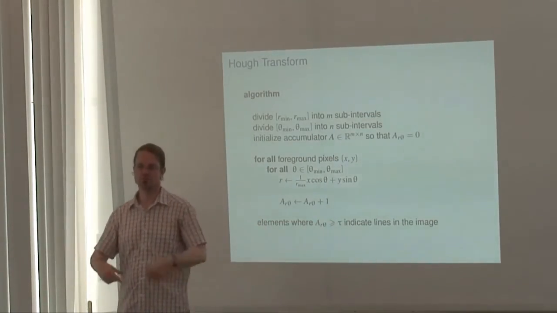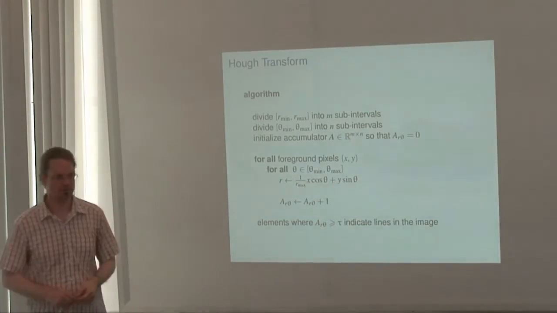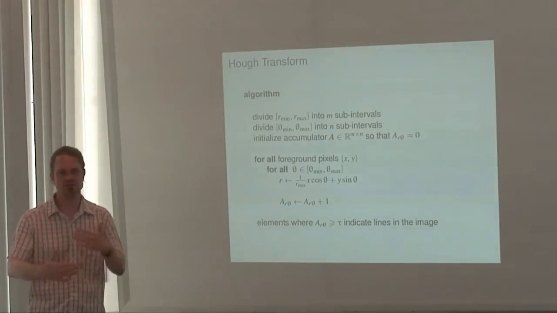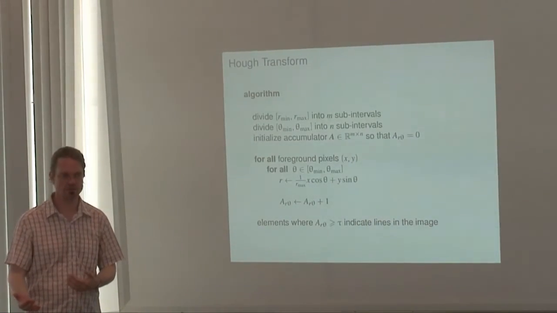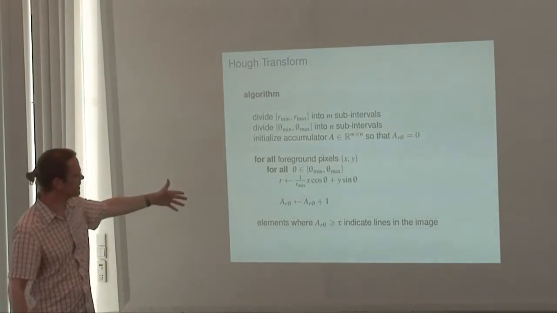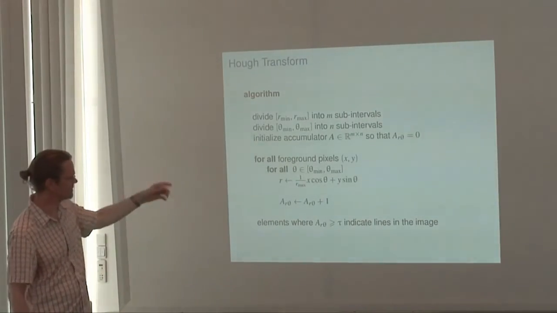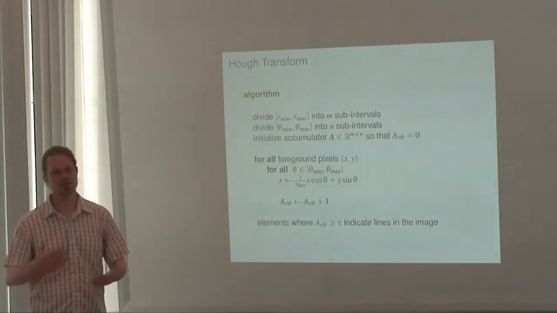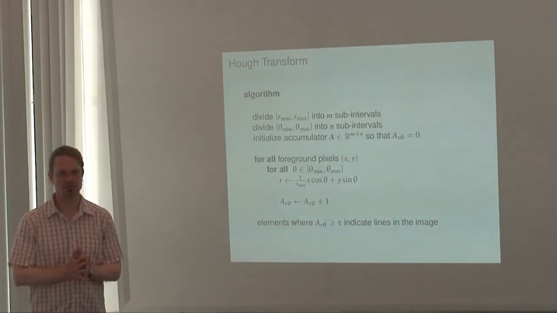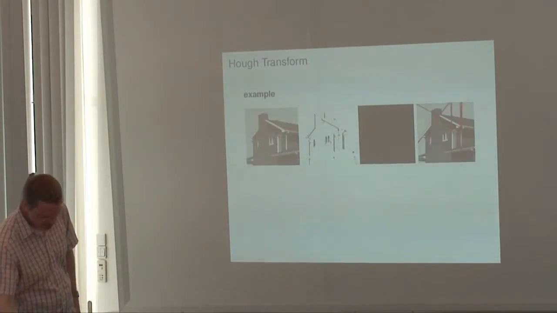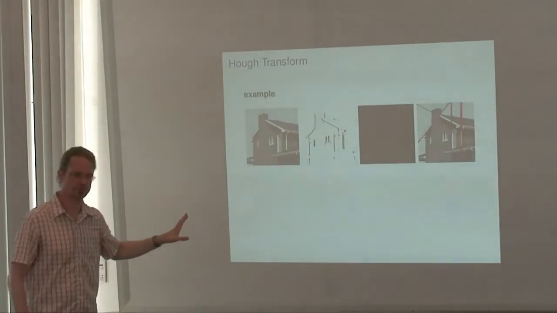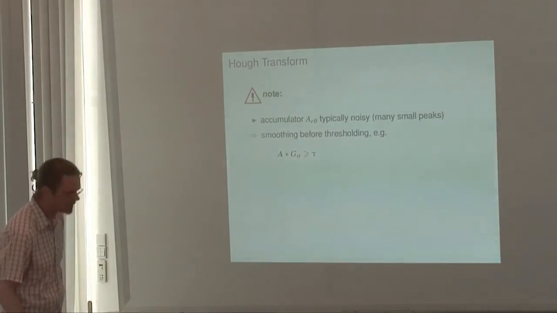One idea is to normalize the accumulator, but these are things you have to keep in mind. Okay. So this is how we detect lines, but there are at least 5 parameters in there that can make your life a mess in practice. Theory works beautifully though. This is how we do it.